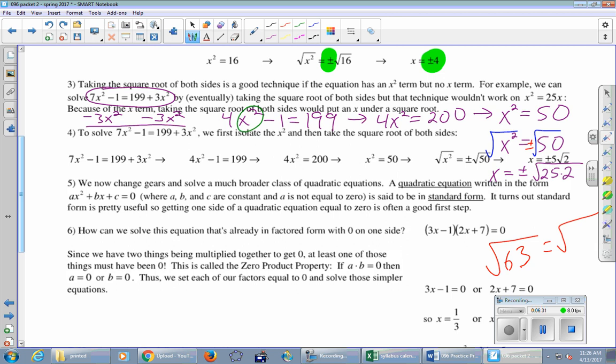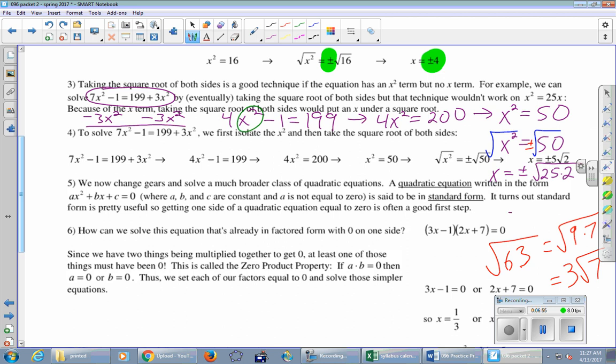What nice number goes into 63? It's 9, right? 9 is a nice number inside of a square root. 7 is just what's left over because you still have to have 63. Square root of 9 comes out and becomes 3. Square root of 7 is nothing nice. It just stays there, and that is the simplified version of square root of 63.